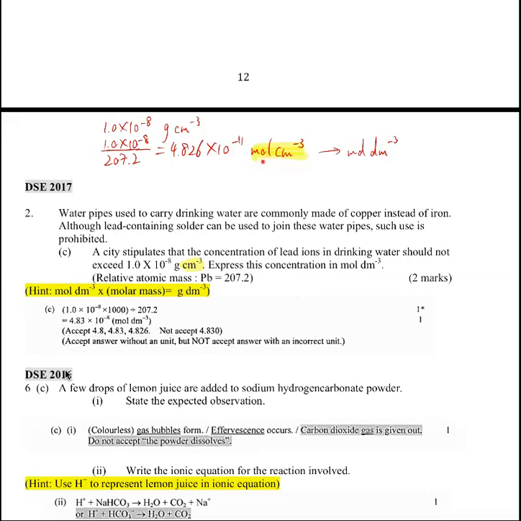So the way you convert from here to here, you should multiply by 1,000, not divide by 1,000. So you use this number, multiply by 1,000, and then you will get the answer expressed in molar, which is mole per dm cube. Make sense?